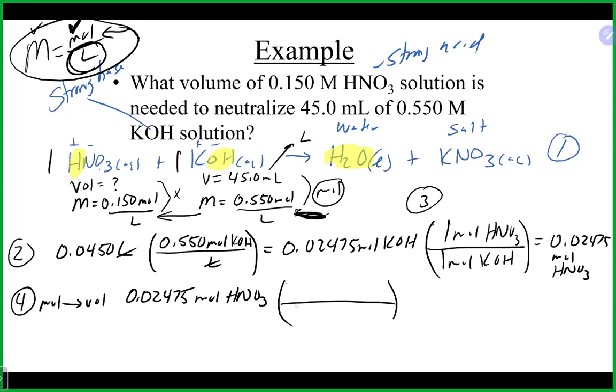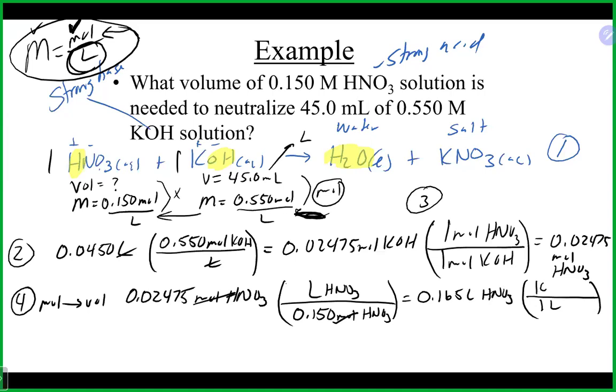Here we need moles on the bottom. So I'm going to put my moles of nitric acid on the bottom and my liters of nitric acid up on top. And that is the molarity used as a conversion factor. And we're going to divide by 0.150. And that's going to give me 0.165 liters of nitric acid, which if I want milliliters, once again, 1 liter is 1,000 milliliters. And that's going to give me 165 milliliters of nitric acid would be needed in this case.